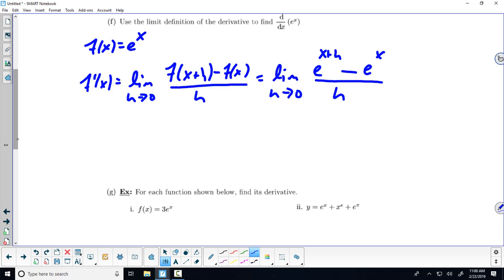Now, I'm going to use my exponential properties for multiplication and say that I could rewrite this as e to the x times e to the h minus e to the x over h. Everyone see what I did there? If I lost you, how would you combine these two? e to the x times e to the h is e to the x plus h.